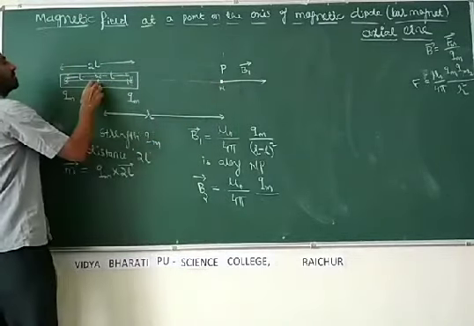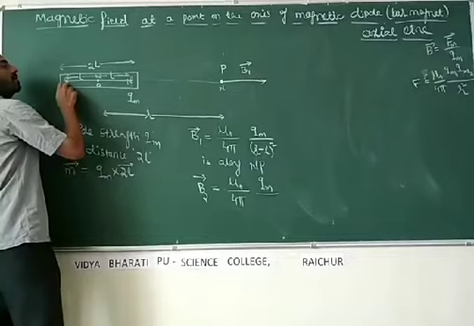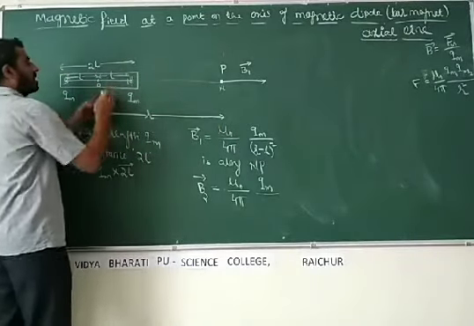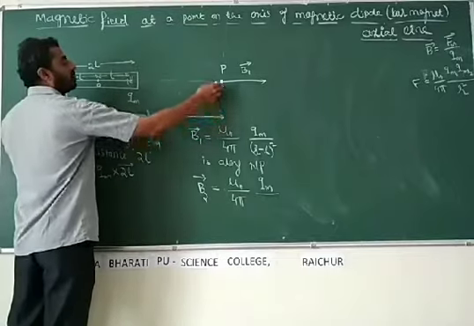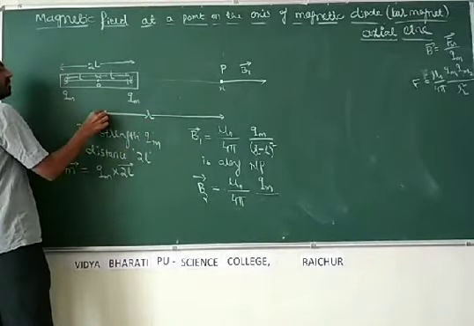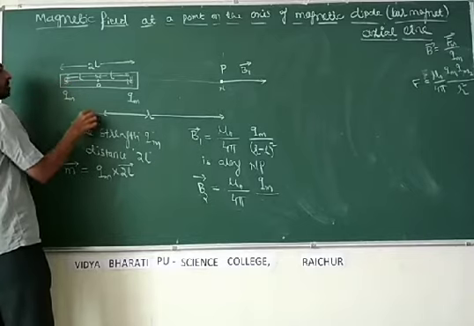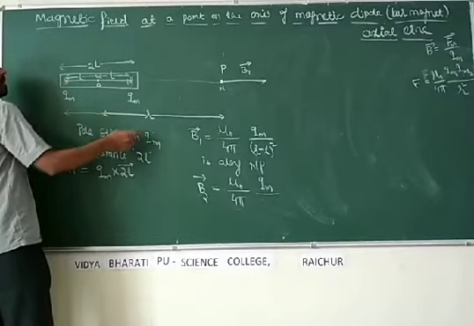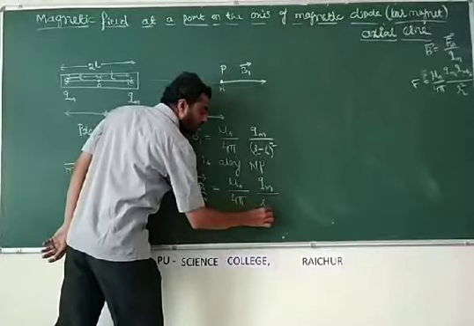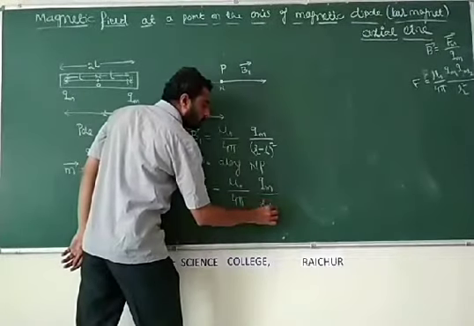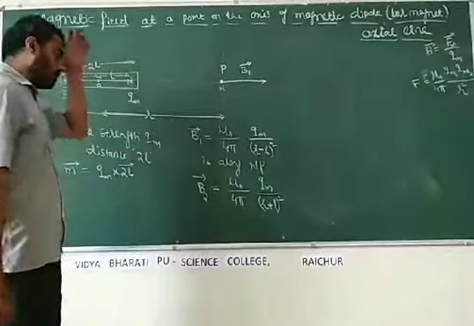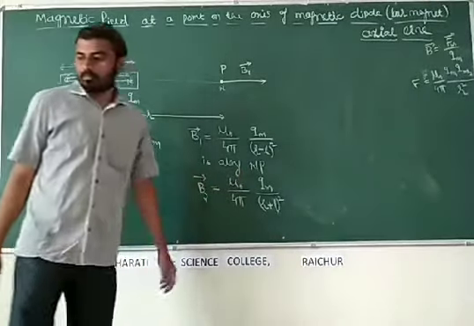From the center of the magnet, point P is at a distance r. The extra distance from the center to the south pole is L, so the distance is r plus L. The square of the distance between the south pole and the point of observation is (r plus L) whole square.